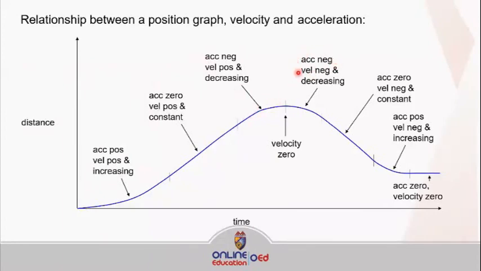And if the velocity is negative and the acceleration is also negative, it is also decreasing, and so on. That's our graph.